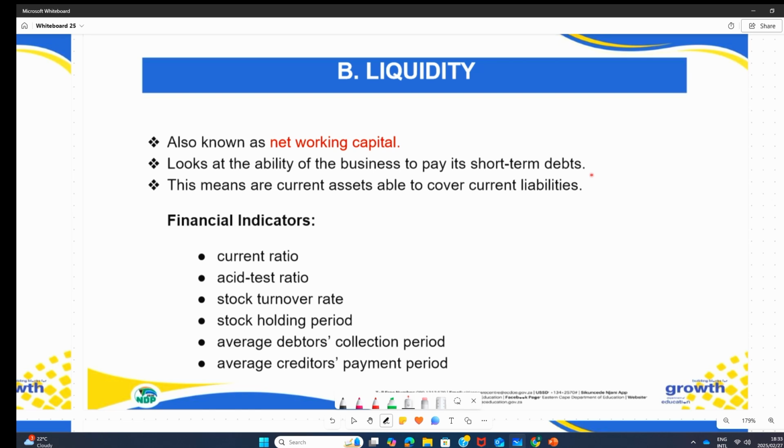Now, this means: are the current assets that we have here in the business able to cover our current liabilities, which are our short-term debts? Now, the liquidity financial indicators, there are 6 of them. It's the current ratio, the acid test ratio, stock turnover rate, stock holding period, the average debtors collection period, as well as the average creditors payment period.